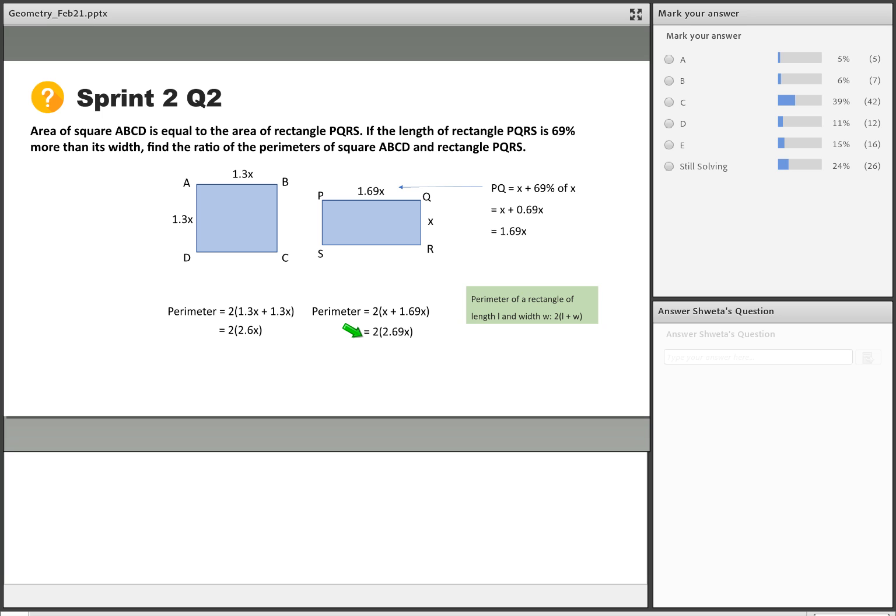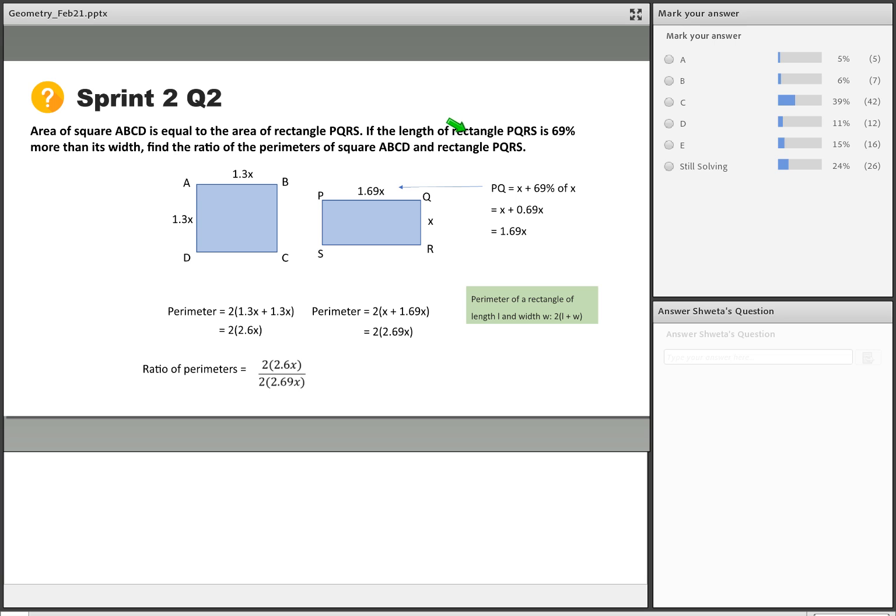And in ratios, when you want to simplify, you anyway want to cancel out common factors. So you leave it here as 2 times length plus width, 2 times 2.6. From the rectangle side now, perimeter is 2 times x plus this, which is this much. Now, ratio of the perimeters. Very important here that you see what ratio you want, what term you want first.